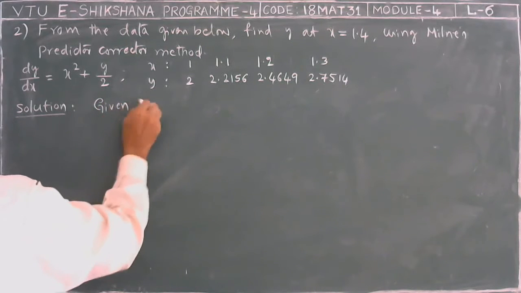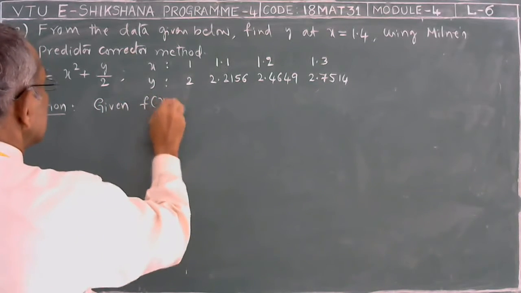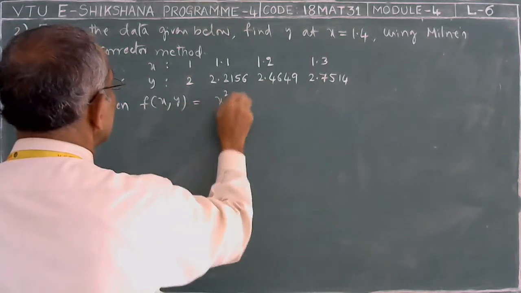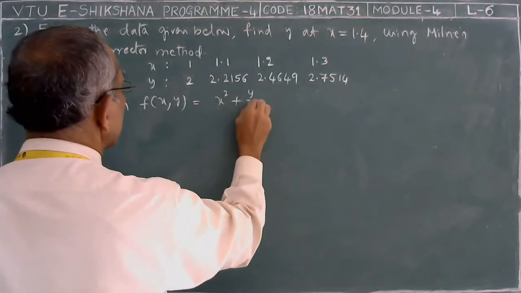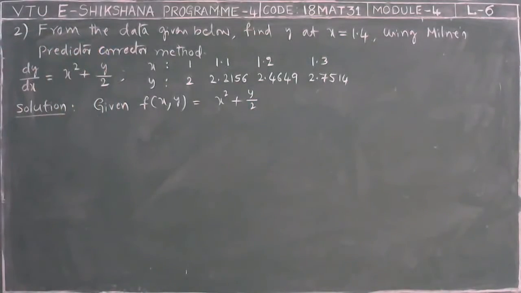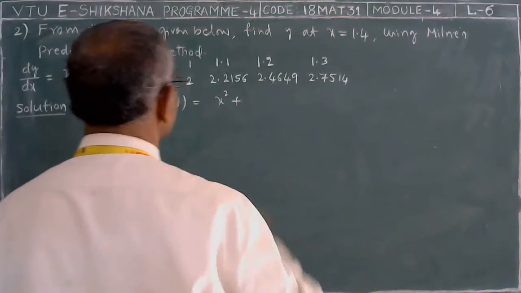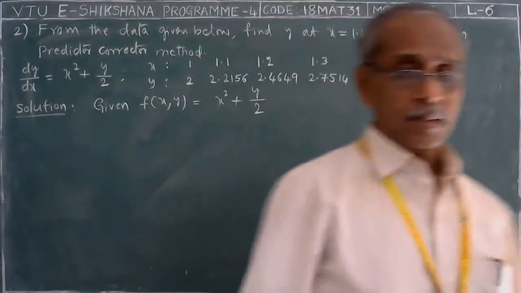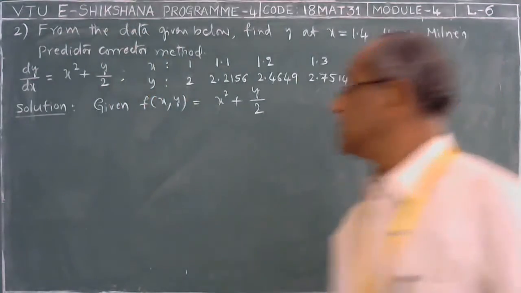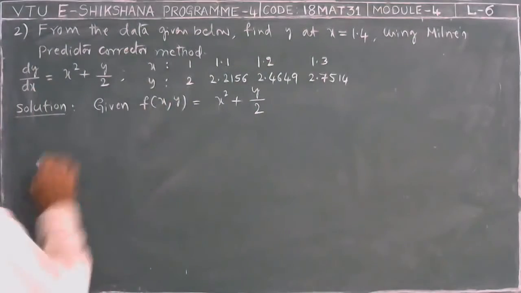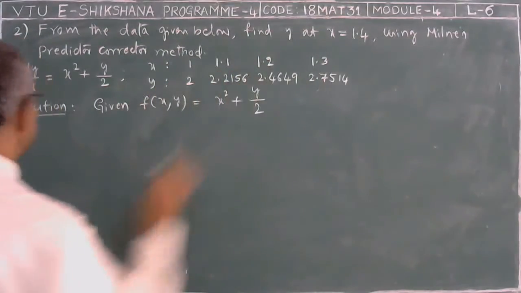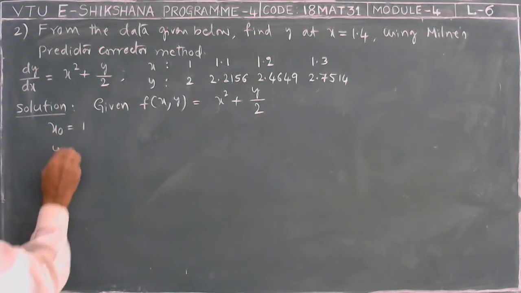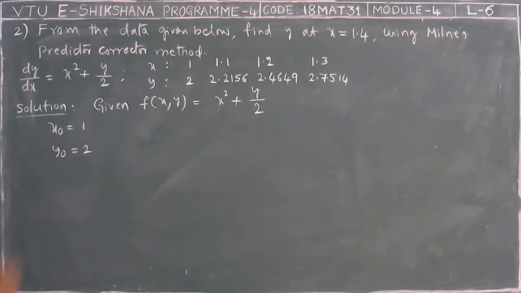Then x naught is given to be 1, corresponding value of y naught is 2.